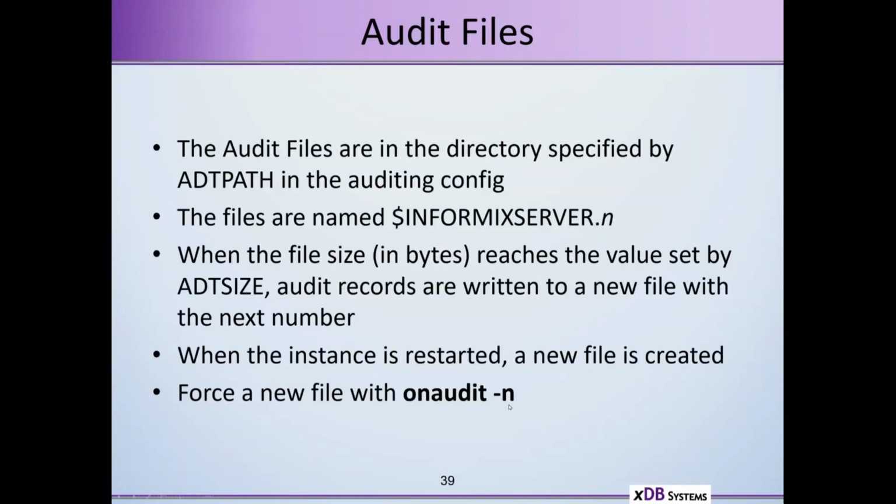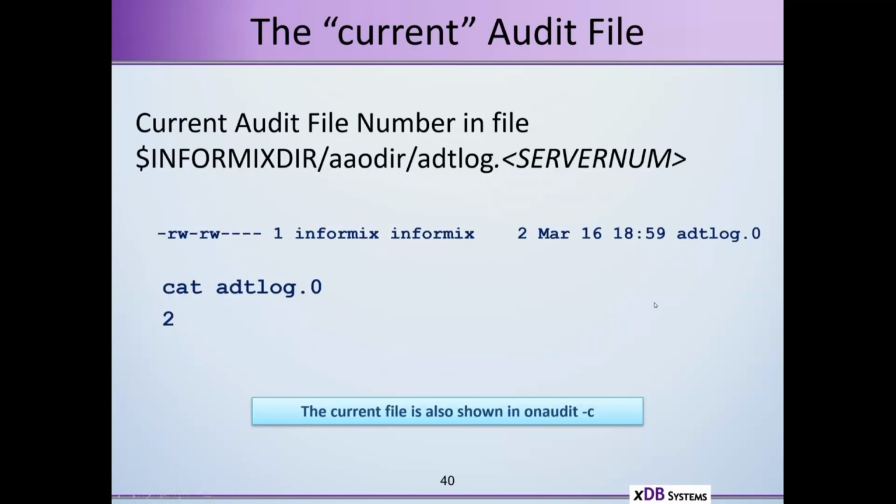That might be something you want to do every day, like at midnight, you run onaudit -n to switch to a new file, and so you start off with an empty file for the new day. You can find the current audit file with that little number on the end by looking in this file, adtlog.servernum, and it will tell you the current file that is being written to for auditing.